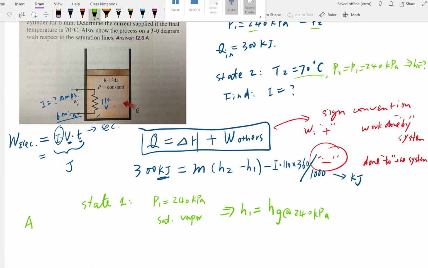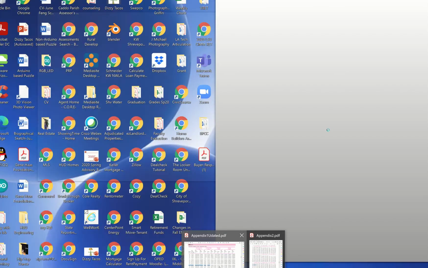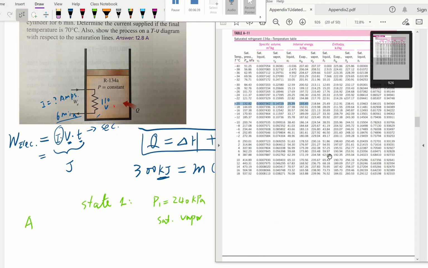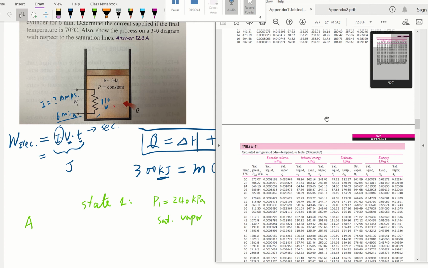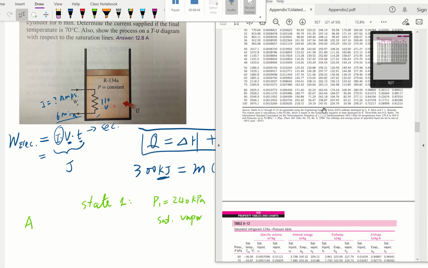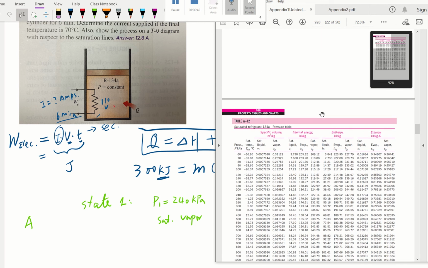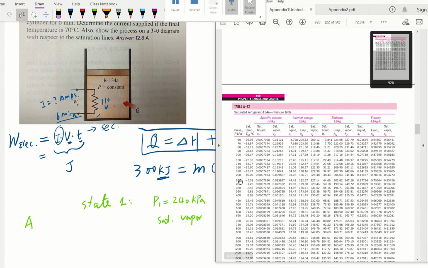So we're going to go to the right table. We're going to go to Appendix 1, and we're going to look at table A12. It's our pressure table. At 240 right here, we are reading out our H this time, right? We're reading out Hg to be more exact.